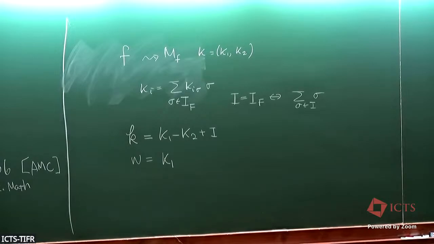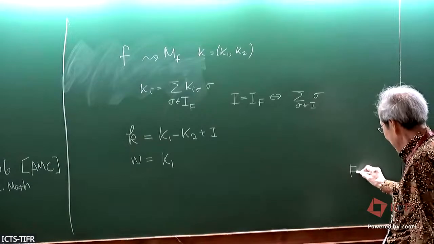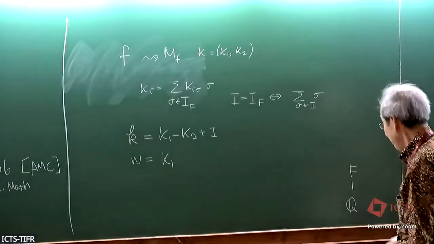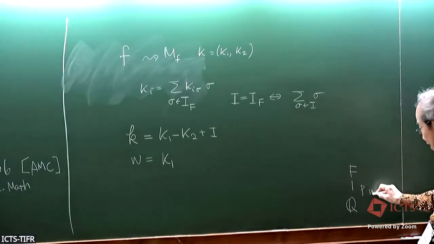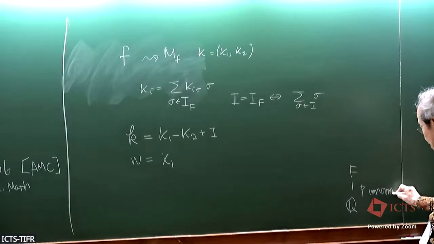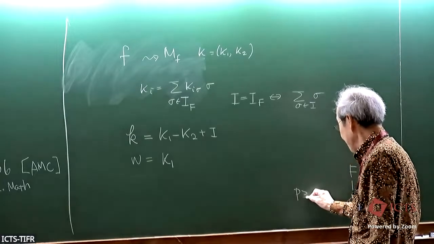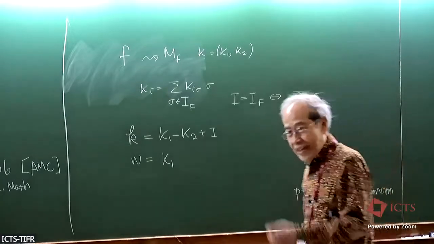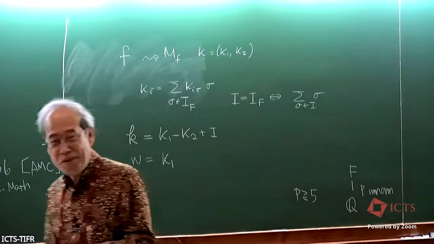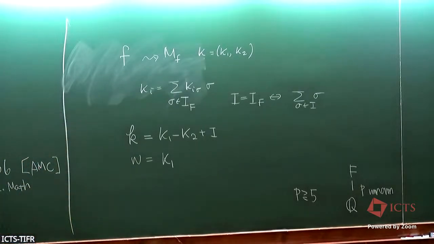All right? And as I said already, you have a totally real field F over Q, and P unramified. And perhaps I said that P is bigger than 5. 2 and 3 are bad. First of all, most of you agree that 2 is the king of primes, so you can't treat that guy.